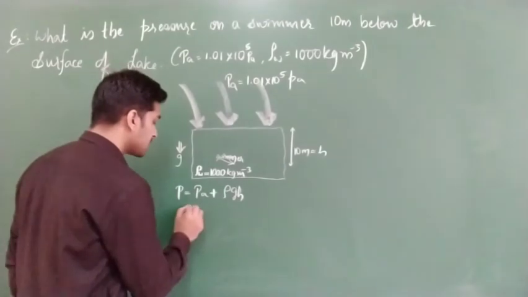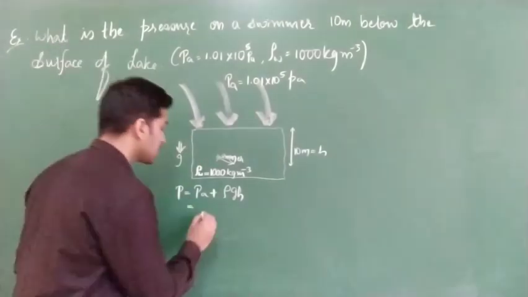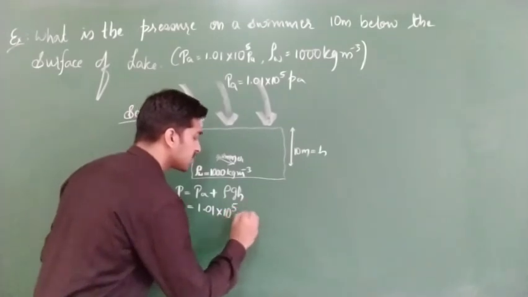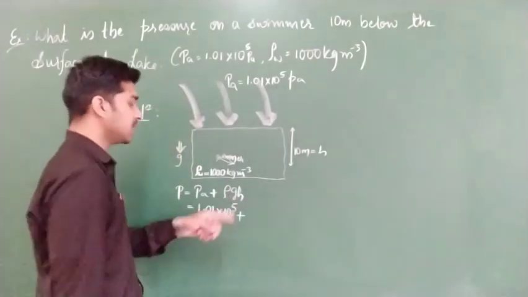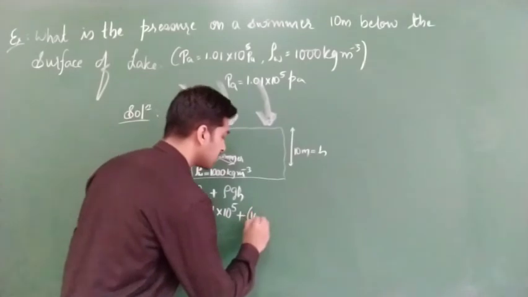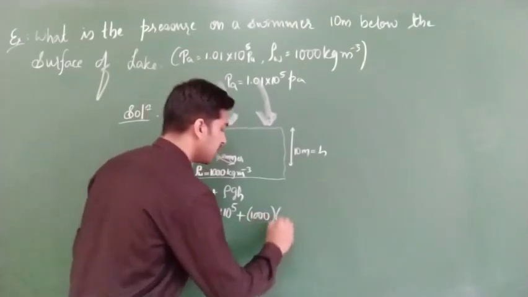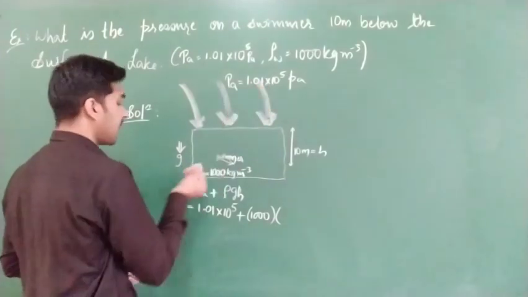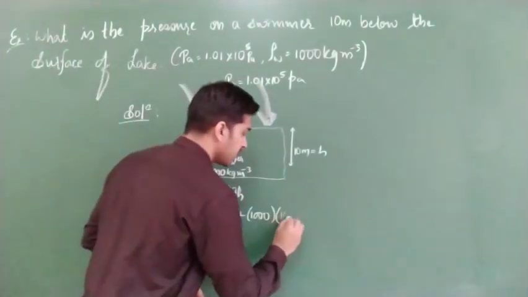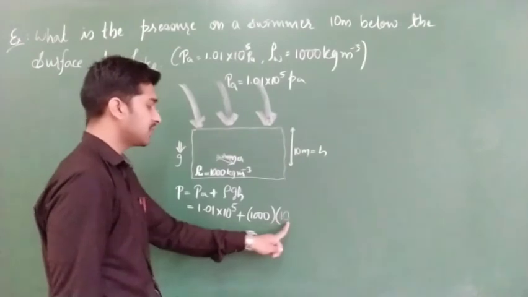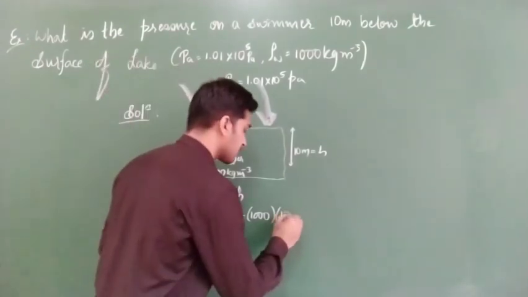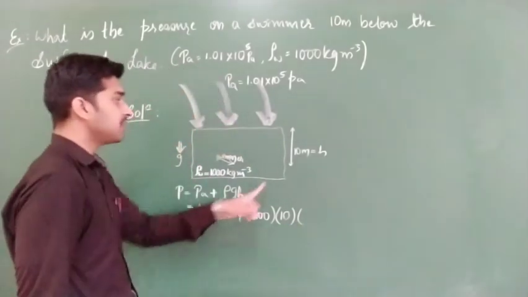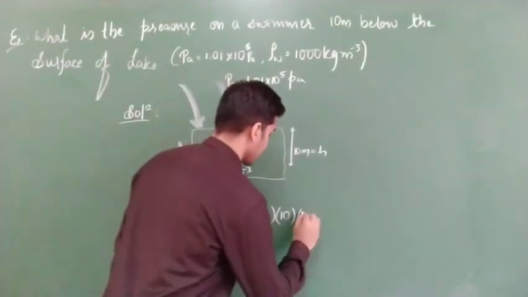Clear? So just substitute the values: 1.01 into 10 to the power of 5 plus rho value is 1000. If g value is not given, you just take it as 10 only, better for calculation purposes. 1000 into 10 meter per second square, into h value again 10 meter.